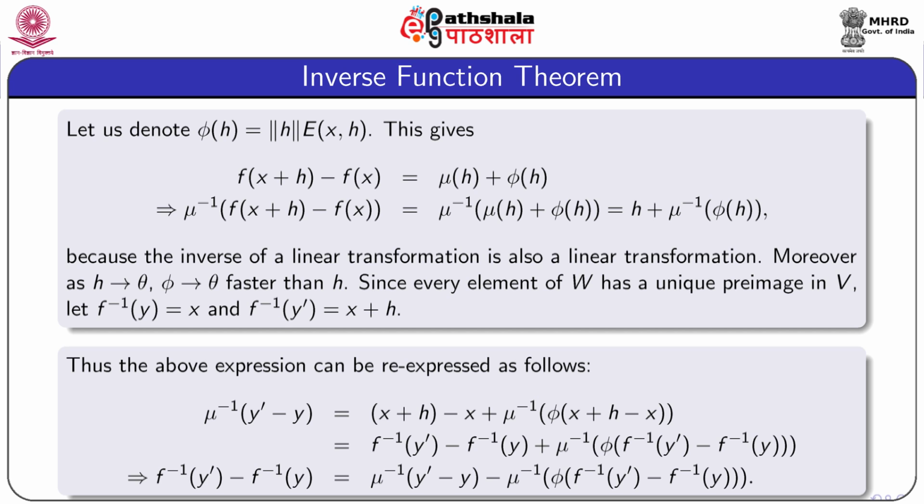Thus, the above expression can be re-expressed as follows: mu inverse (y dash minus y) equals x plus h minus x plus mu inverse phi of (x plus h minus x). This equals f inverse y dash minus f inverse y plus mu inverse phi of (f inverse y dash minus f inverse y). This implies f inverse y dash minus f inverse y equals mu inverse (y dash minus y) minus mu inverse of phi (f inverse y dash minus f inverse y).